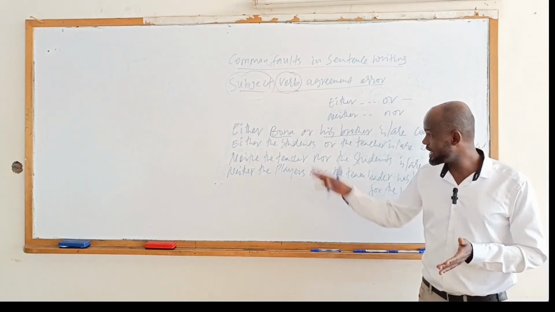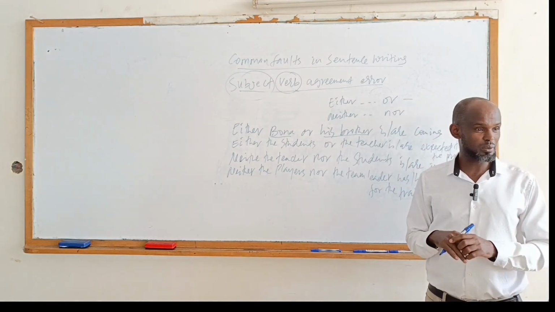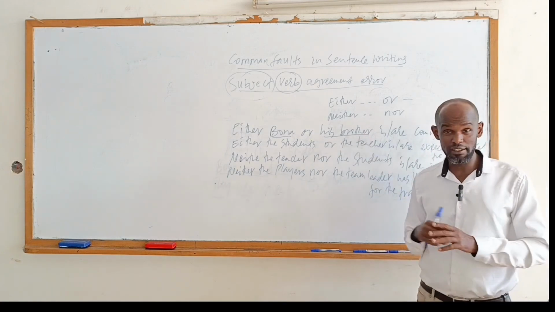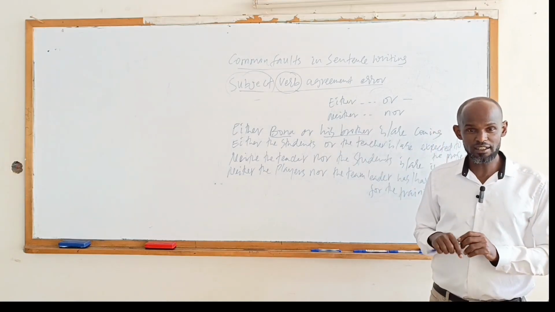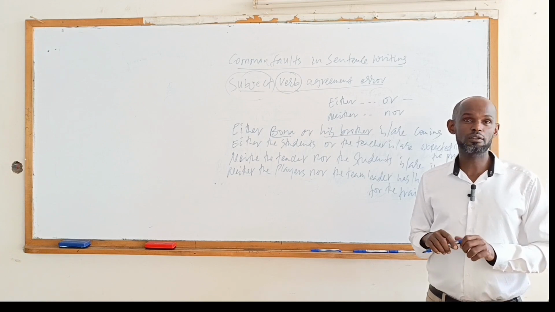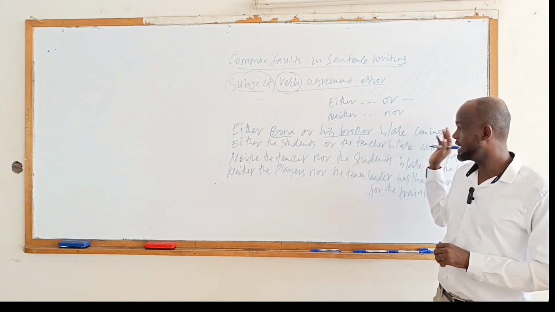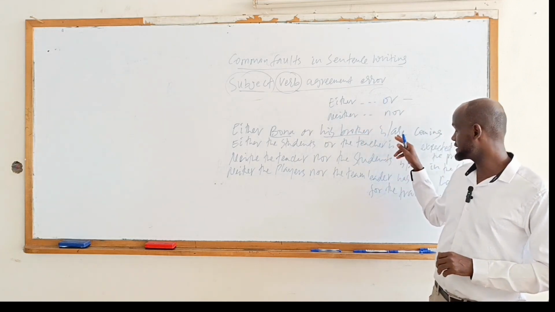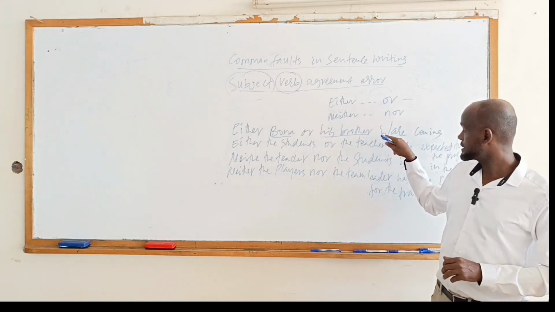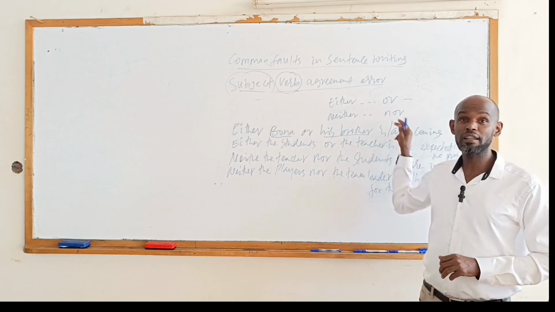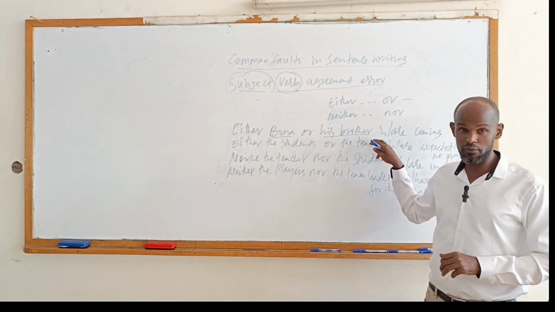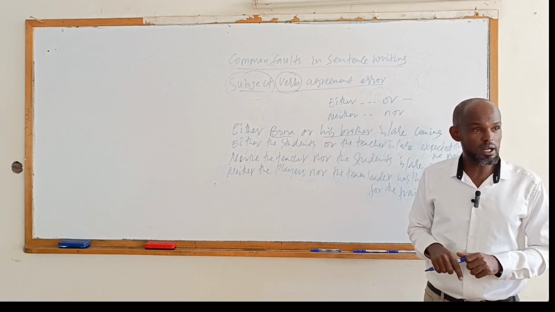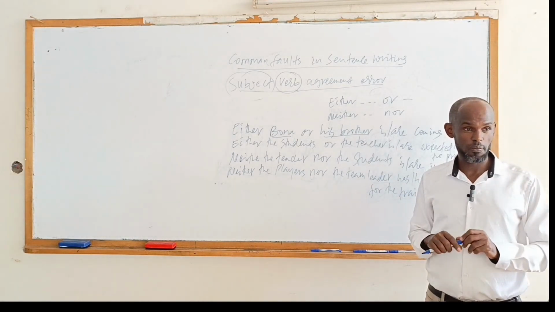For example, if one of them is plural, what shall we do? So we should know which one to select. Why is brother? Good, very good, interesting. So when we come across such a sentence and we are asked to choose the appropriate verb to make it agree with the subject, before we select the verb, we should consider which one is the nearest subject.